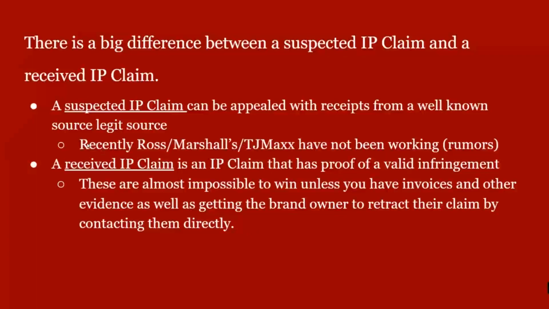Now recently, as far as this week, I have heard a rumor, and that's all it is, a rumor, I just pass my rumors on to you guys, that Ross, Marshalls and TJ Maxx receipts that do not have the product's UPC code on the printed receipt and description have not been working for suspected IP claims. So see how soon that has changed?